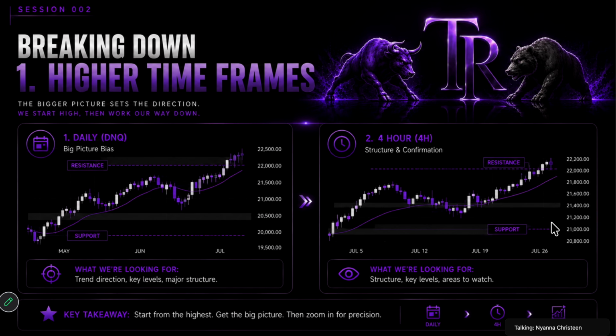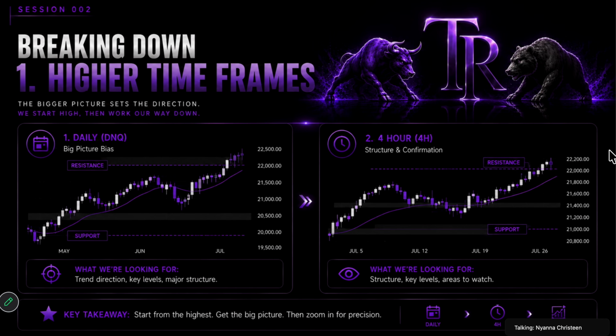So starting with our higher time frame. Our higher time frame basically helps us zoom out and look at the bigger picture first. So before I jump into the 5-minute chart or the 1-minute or the 15-minute chart, I want to know what the overall market picture is telling me right now. I do that by starting with my daily chart, then moving to my 4-hour chart, and even my 1-hour chart I would consider a higher time frame.